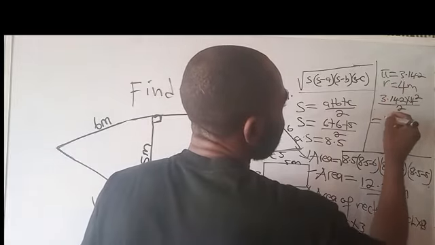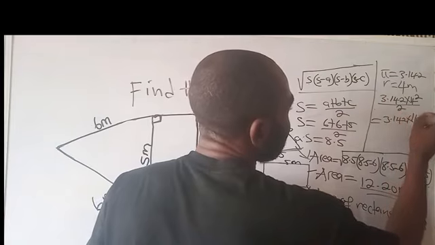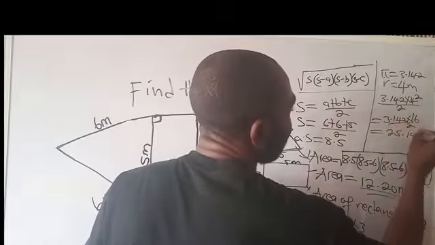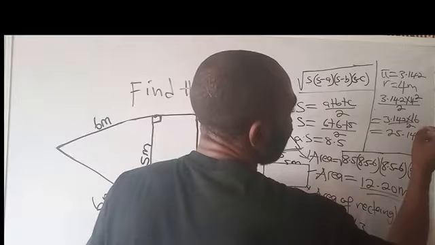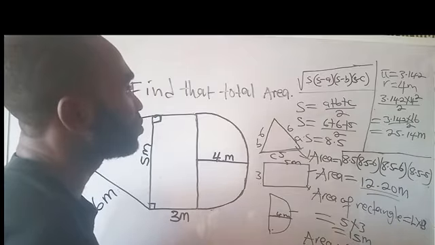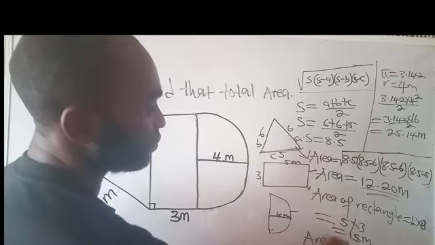This is the same as 3.142 times 16 all over 2, and this will give you 25.14 square meters.